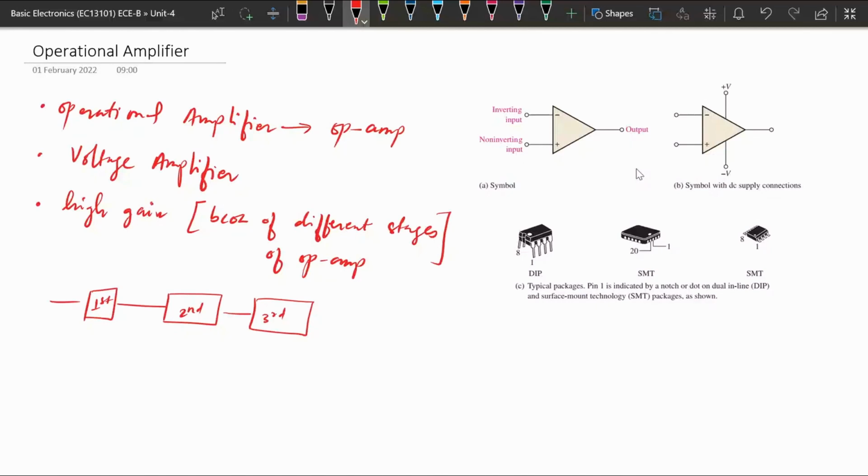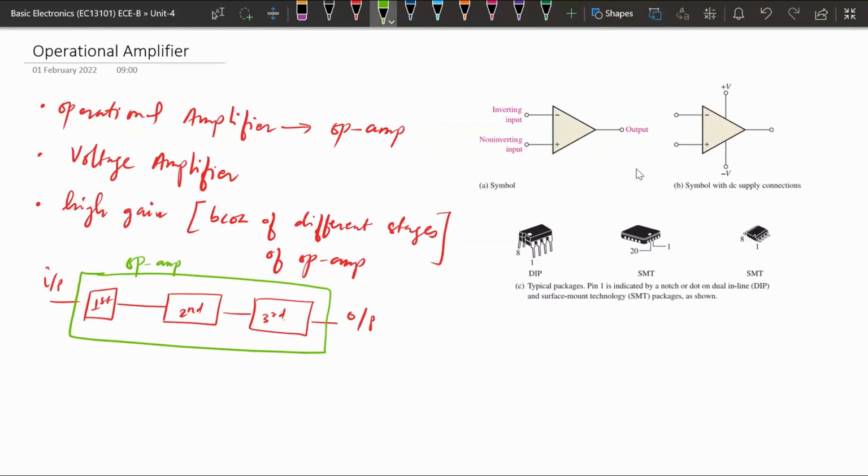So this is an input, and finally we get the output. By combining all the stages, this complete box is called an operational amplifier. Because of the different stages, it has high gain.